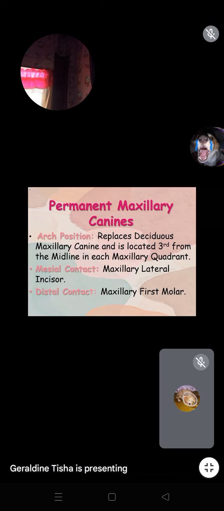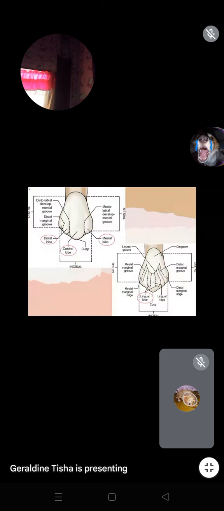Sorry. Among all the lobes, I asked this during the exam: which one is the largest lobe? Central lobe, Doc. Central or medial lobe. Yes, correct. So how many lobes are there in the anterior? As I mentioned, in the anterior there are 4 lobes.